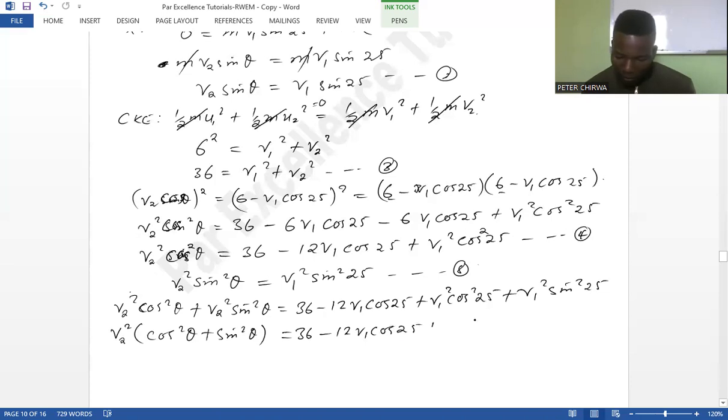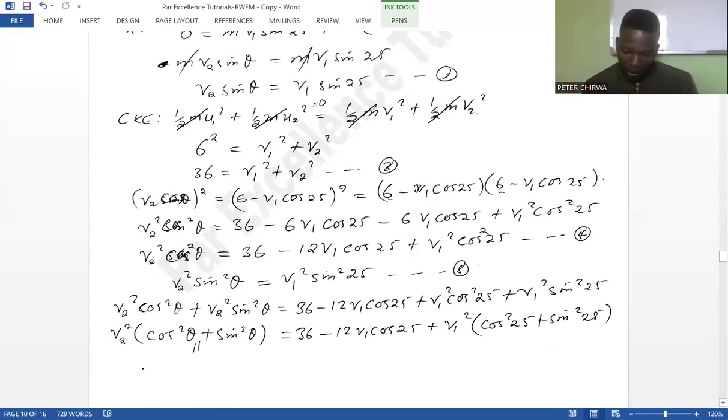I also do the same here: I factor out v1 squared, and I'm going to have cos squared 25 plus sine squared 25. If you see in the brackets, those are trigonometric identities, and they are actually equal to 1.